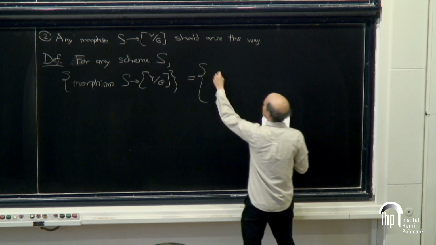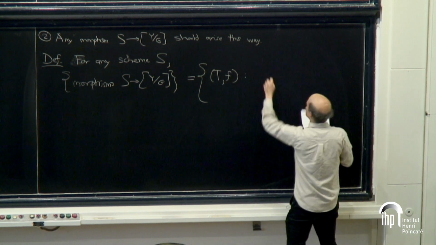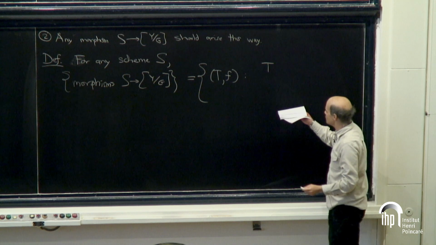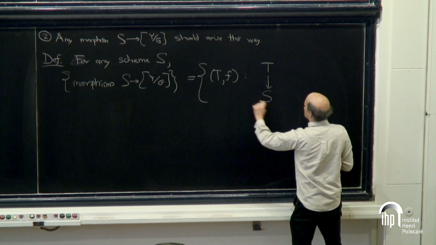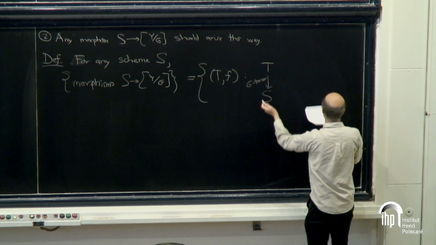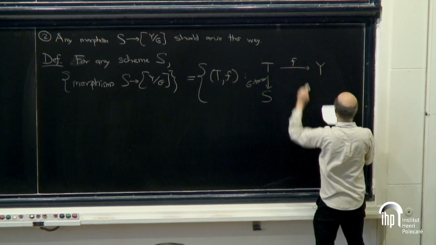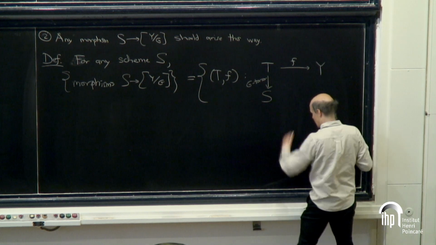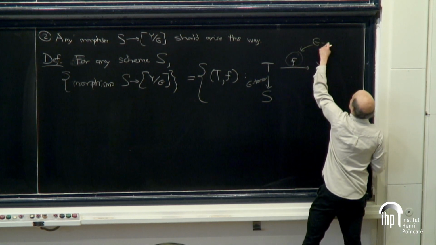You should give a pair where T is something with a G action whose quotient is S. In other words, T should be a G torsor over S, and then there should be an equivariant map F, a G equivariant morphism.